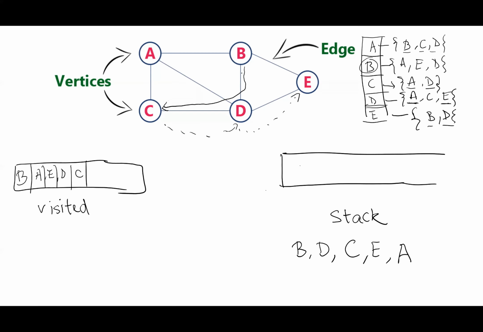So it's B, D, C, and then it comes back to D, and D is already visited, so it visits E, and then from E, it again comes back to D, it's done, it goes back to B, it's done, and then it goes back to A. Since you are using a stack, it goes as deep as possible, and then it comes back. So the trick here is to use a stack and also a visited list.